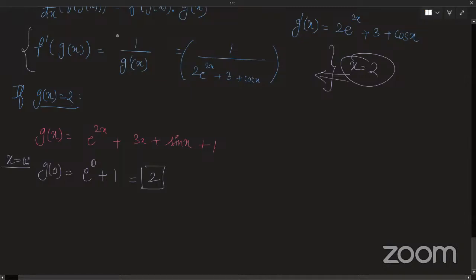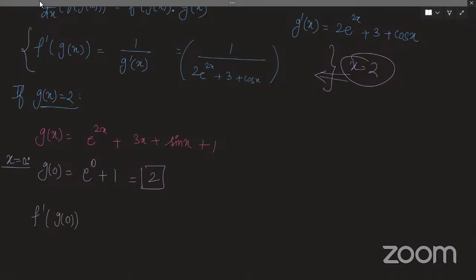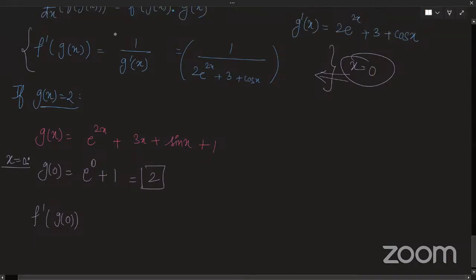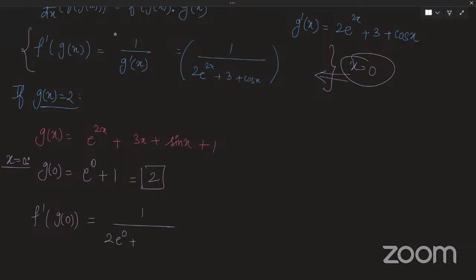So what do we get? You get f dash of g of 0, where g of 0 is 2, right? So g dash of 0 is equal to 2 e raised to 0 plus 3 plus 1. Correct?